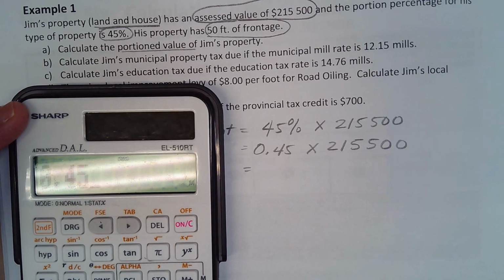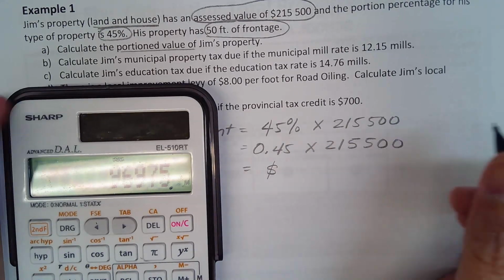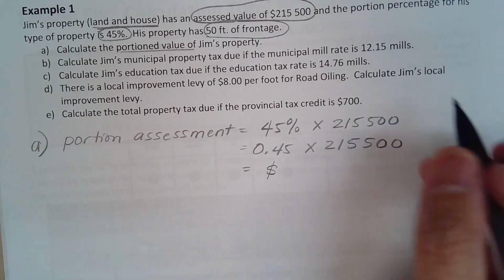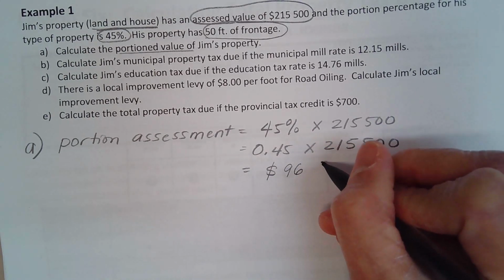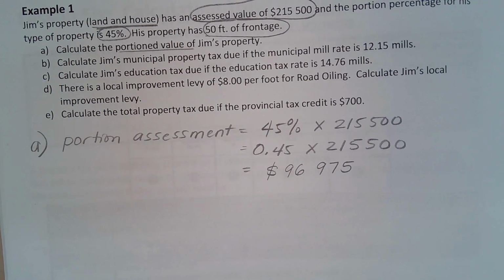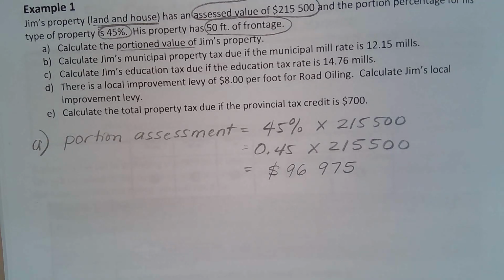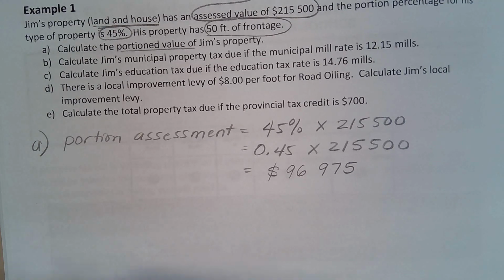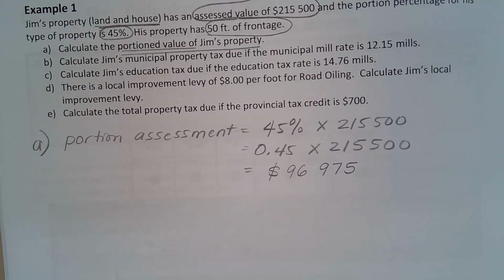The assessment value is $96,975. This is the part where you actually show your work. So that's A, portion of the property.